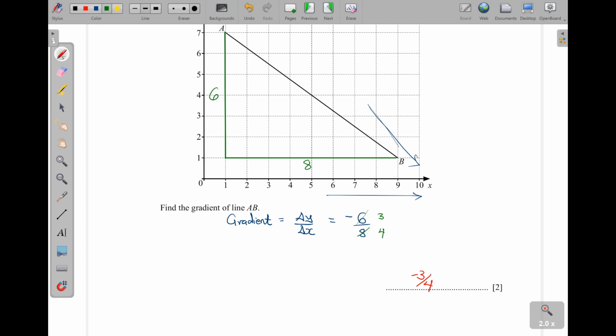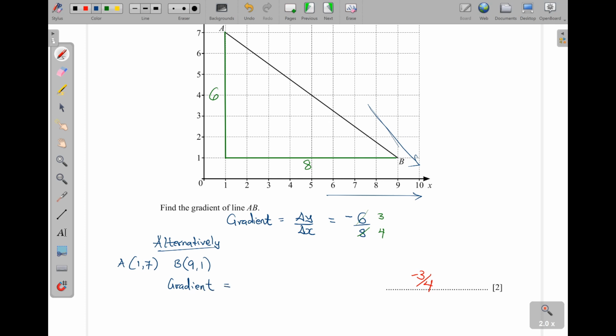Alternatively, you can pick these 2 points A and B. Okay, so this is the alternative approach. You get the coordinates of the 2 points. We have A, the coordinates are (1, 7). Then the coordinates of B are (9, 1). Then we find the gradient, which is equal to the change in y.